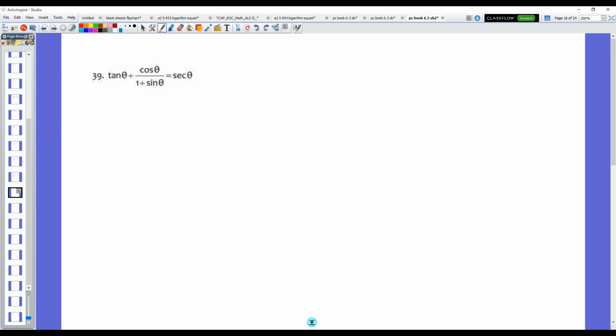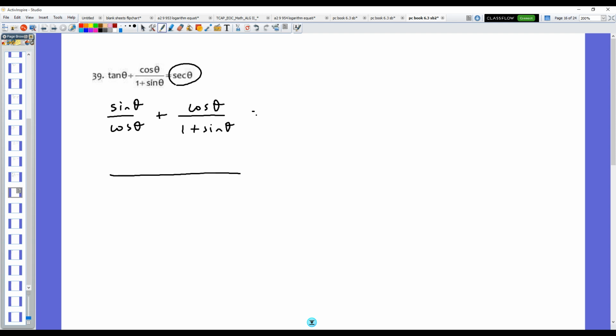Number 39, I'm going to change my tangent into sine over cosine. Notice my target is secant. Secant is 1 over cosine, so I need to get rid of some sine somehow.